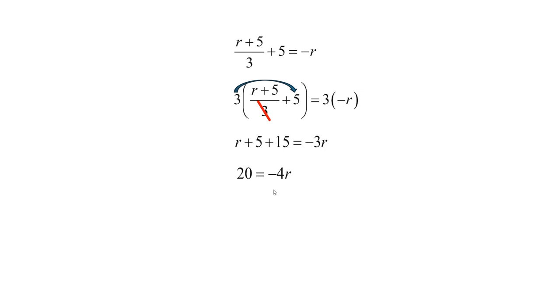We can collect like terms. We have 20 on the left-hand side, and this r, if we take it over to the other side, gives us negative 4r. So this will be negative 3r minus r. This positive r becomes a minus r, and we're left with something like this.